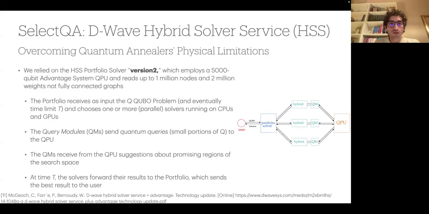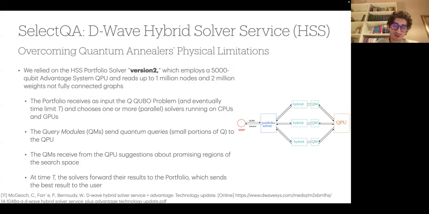Of course, we also had to deal with the problem of the physical limitations of the quantum annealers. In particular, instead of relying on a local decomposition strategy, we decided to rely on the D-Wave hybrid solver service. In particular, we use the portfolio solver version 2, which uses the same QPU of BootQA.